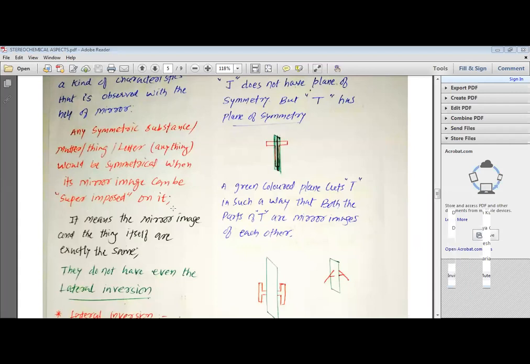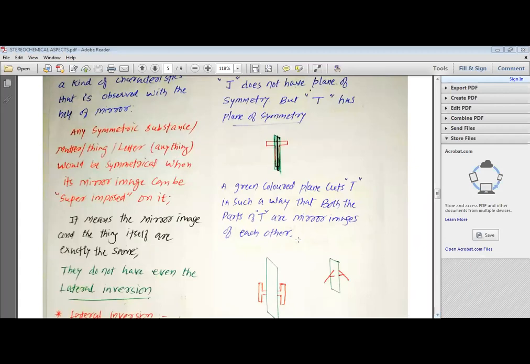That means it will have the same mirror image as the object placed in front of the mirror. So the basic requirement for optical activity is this, that the substance and its mirror image should be superimposable.